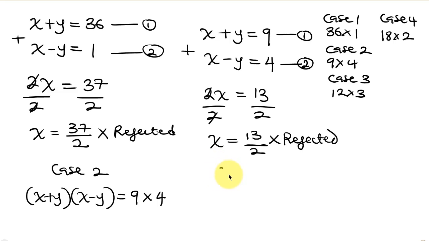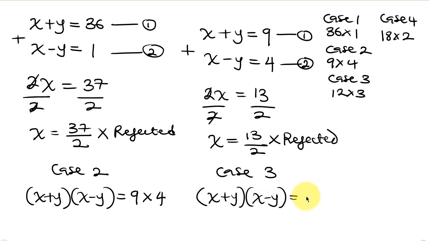Now we go to case 3. For our case 3, we have 12 and 3. So the left factors are x plus y times x minus y equal to 12 times 3. Let's back this up.